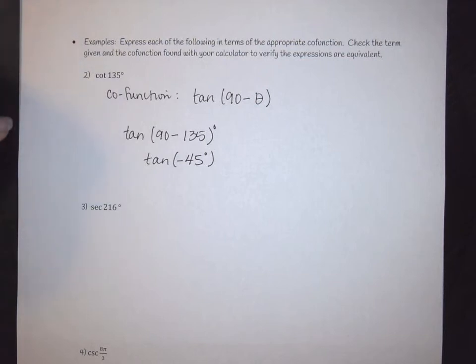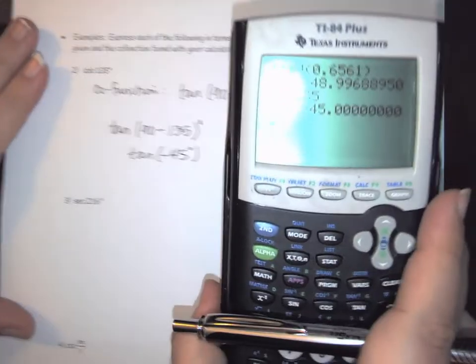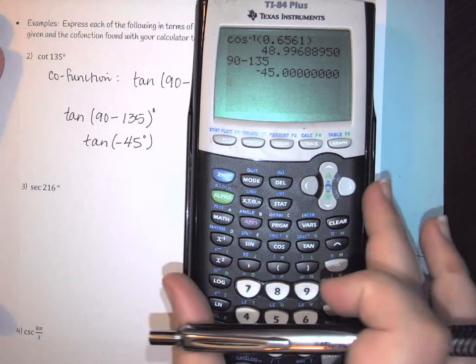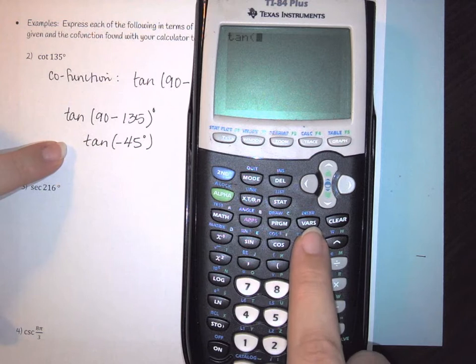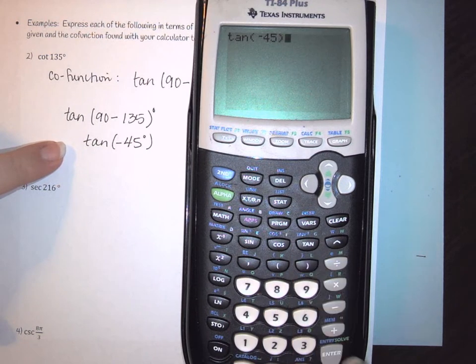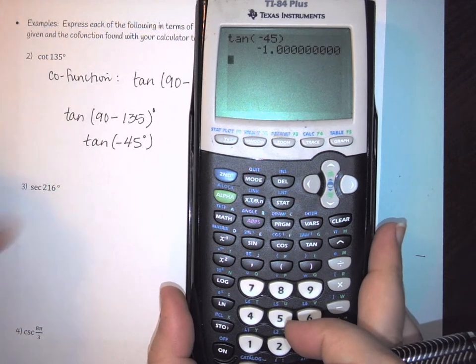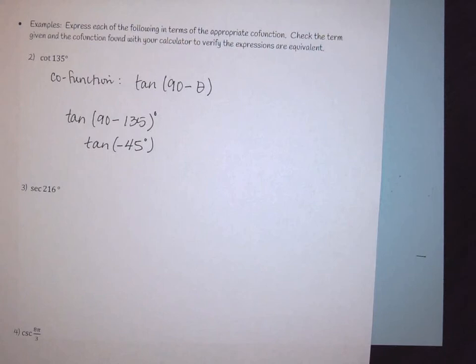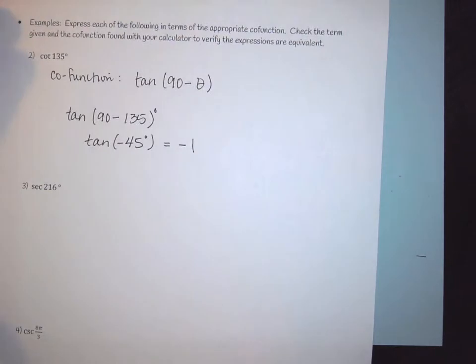Now we need to know what the actual value would be, so this is where you could just use your calculator. You would do tangent negative 45 and hit enter, and notice it gives you a -1. If you think about its triangle, that should make a whole lot of sense. So this is equal to -1 as a result.